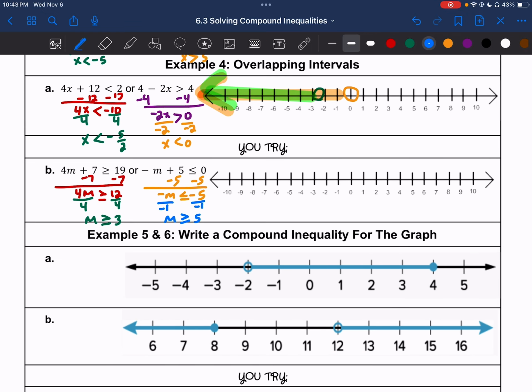So I have a closed dot at 5. And we are shading to the right. And I'm going to do it in, let's do it in purple.